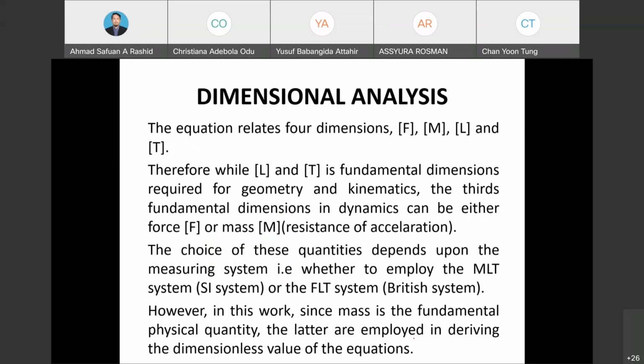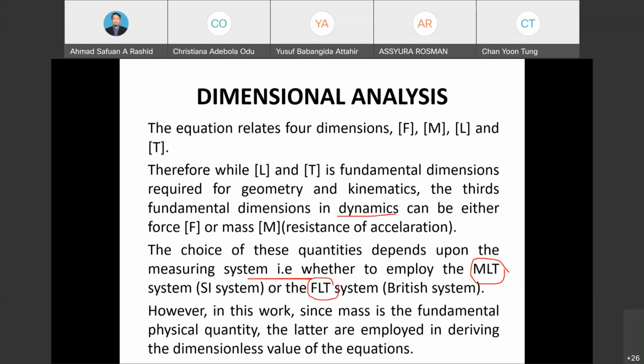So in that case, you have two groups of what we call primary dimensions. Either you want to use MLT, because M and F are considered under dynamic, or you want to use FLT.